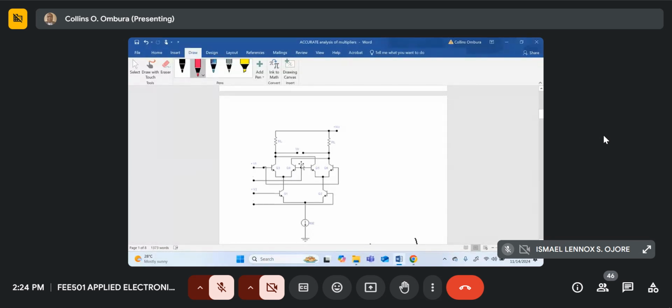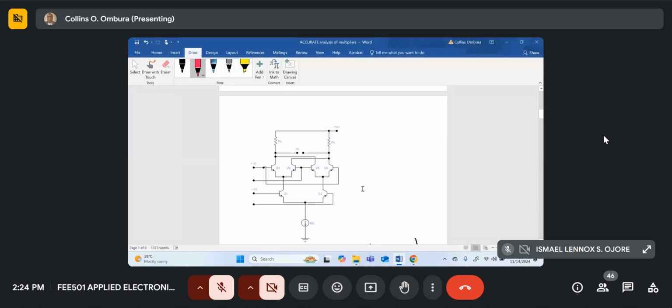These are the two parallel differential amplifiers on top. And then the bottom one here, now I'm calling it Q1, Q2. Remember in our earlier analysis, we were calling Q3 our Q1, Q4 we were calling Q2, and this one, Q5, we were calling Q3, Q4, and then this bottom one, which is Q1 here, we were calling Q5, Q6. But for this analysis, I'm using this nomenclature. So the first transistor here is Q3, Q4 next to it, then Q5, Q6. Then the bottom one I'm calling Q1 and Q2.